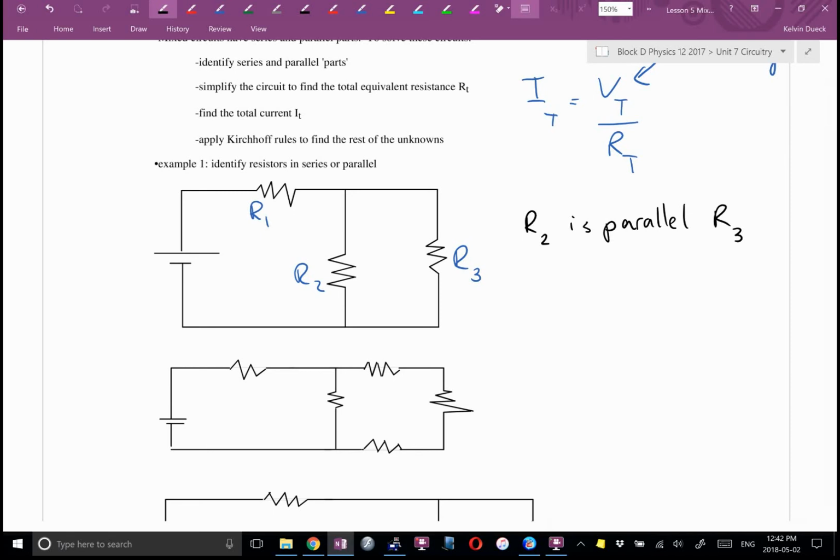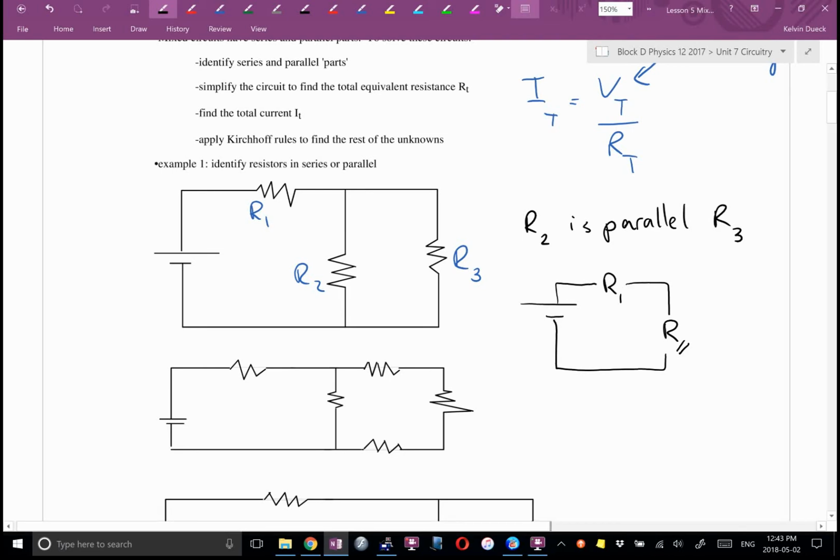And then I would have something that looks like this. I would still have R1, but now I would have, oh, you know my abbreviation for parallel? 2 lines. Remember we did that for parallel and perpendicular? What can you tell me about R1 and R parallel? Those two are in series, and I could just add them together, and now I've got it as one resistor.